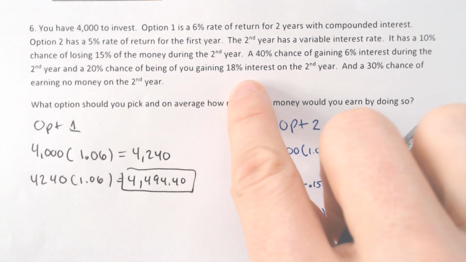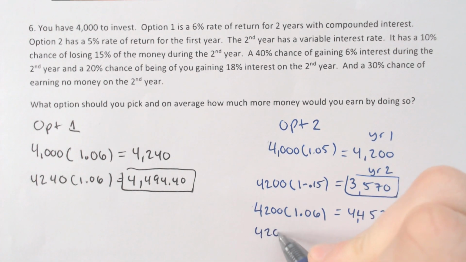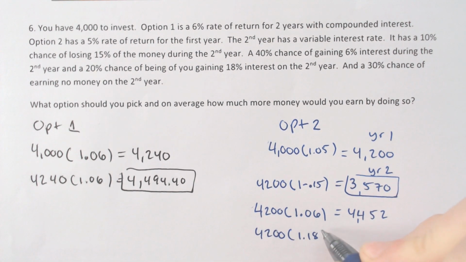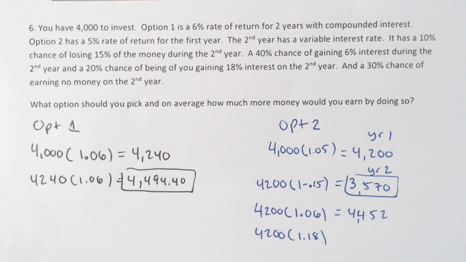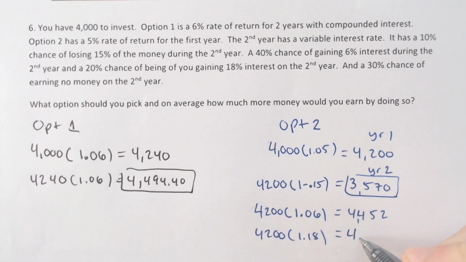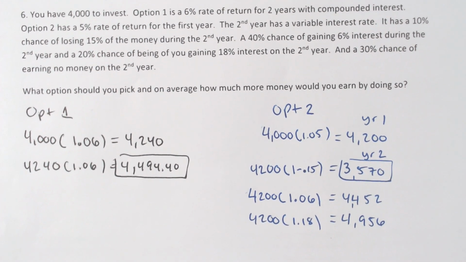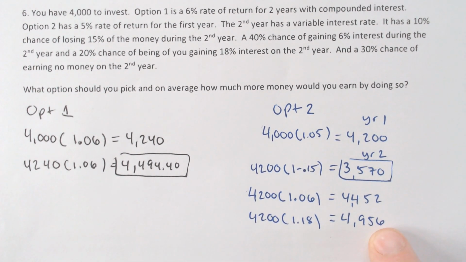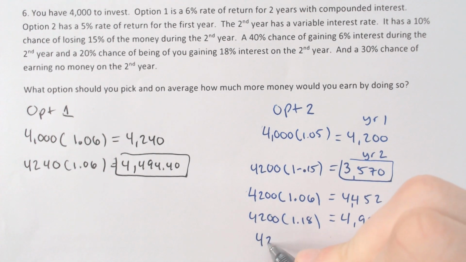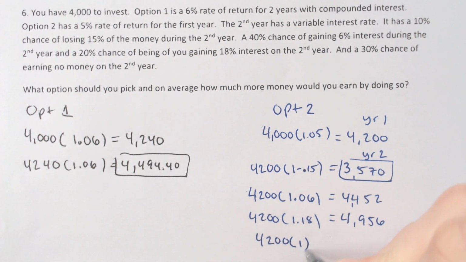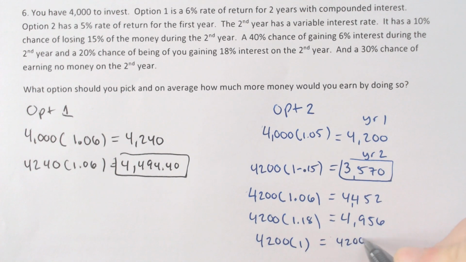We got a 20% chance of getting 18%. So if we do 4,200 times 1.18, you end up with a whopping $4,956. That's a lot of money. And then we have a 30% chance of it earning no money. Well, I don't need to do the math there. If I earn no money, I'm going to have 4,200 left over.